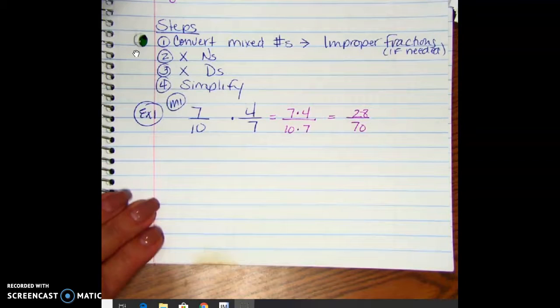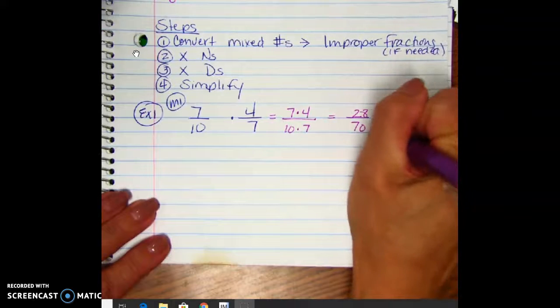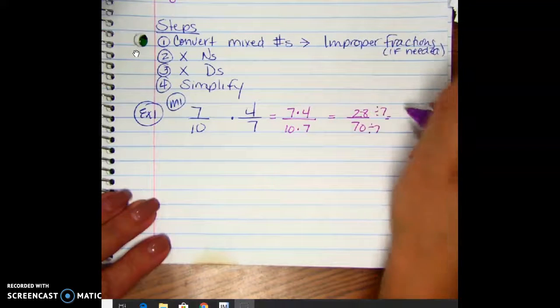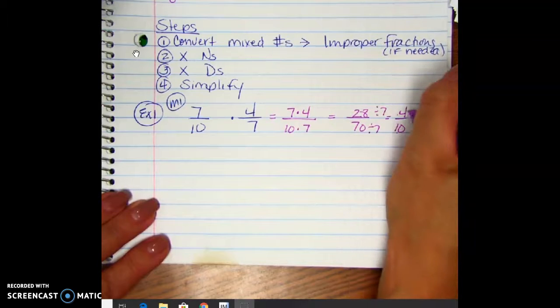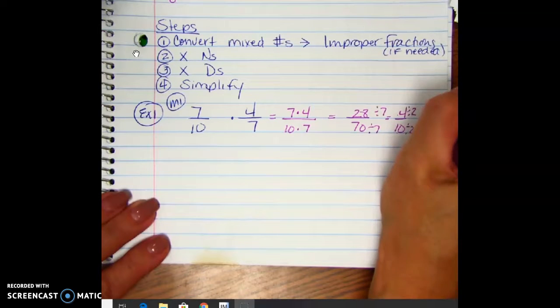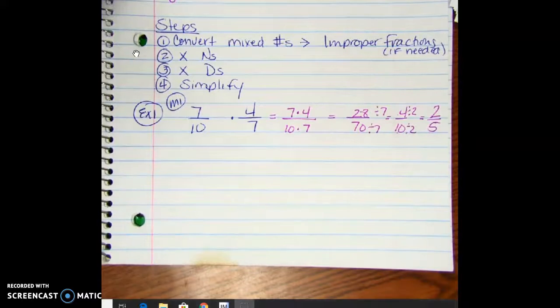So now I have to determine if I have a factor that will go into both. Well, yes, 7 goes into both. So I'm going to simplify. Hey, these are both even. I still need to simplify. And I end up with 2/5 as my answer.